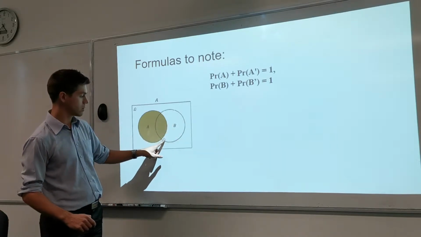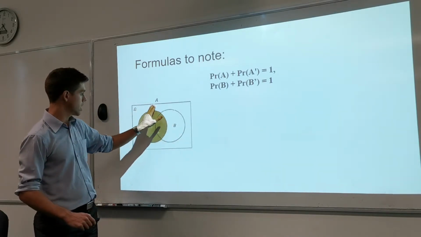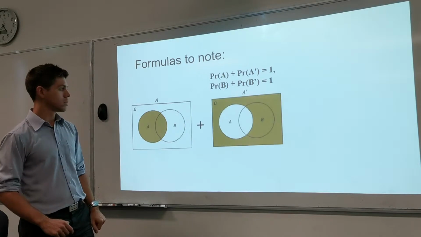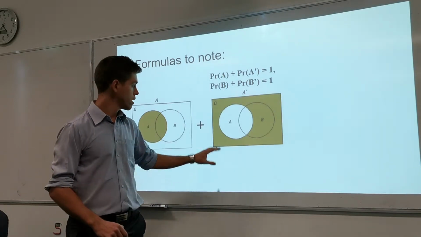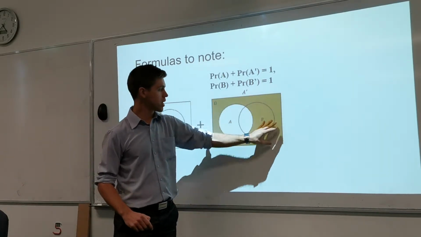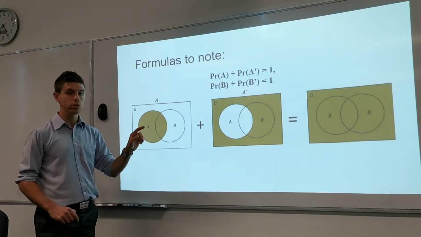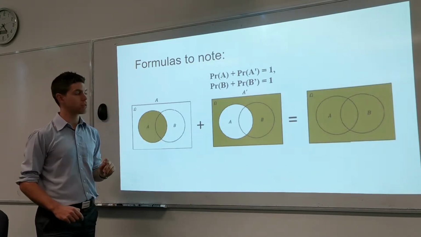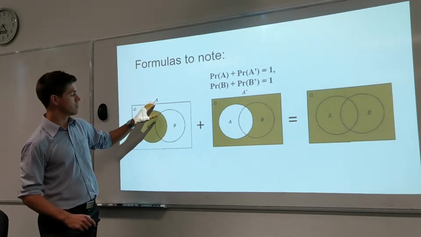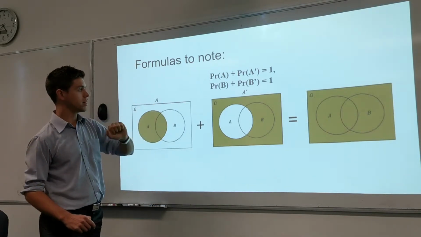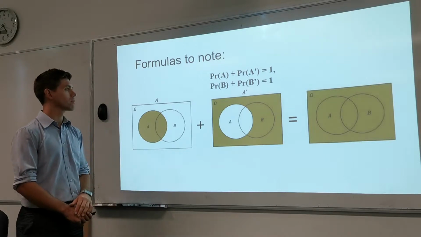Just this region here? Or also out here? The second one is a representation of not A. Putting those two together gives us the full Venn diagram, or 100%. And this can be said for B as well, and not B.